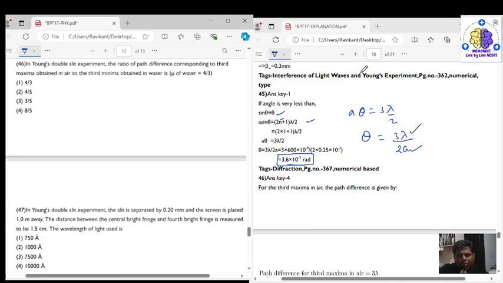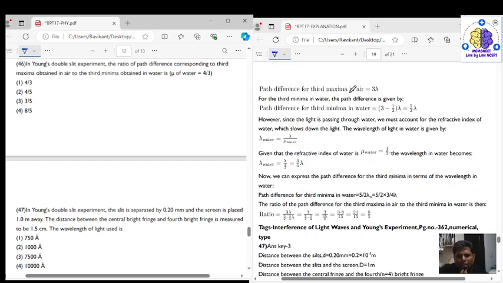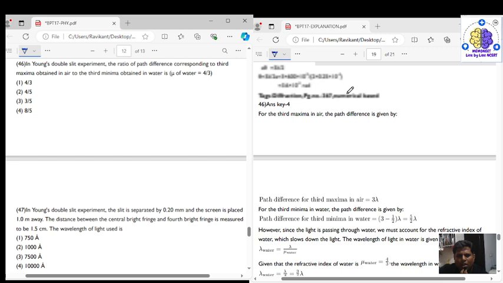Coming to question number 46. Question 46 says that in Young's double slit experiment, the ratio of the path difference corresponding to the third maxima obtained in air to the third minima obtained in water is. So for the third maxima in the air, the path difference is equal to 3 lambda, right?